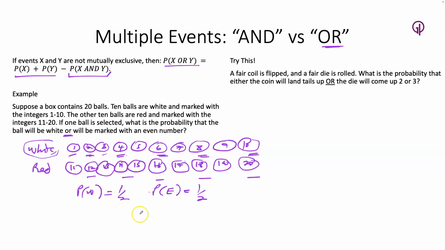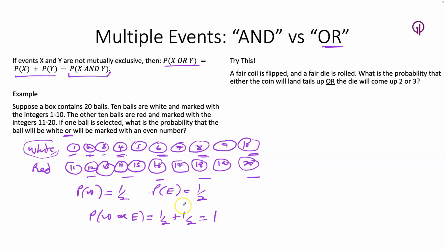So from our OR problem, we can say probability of white or even is half plus half, which is equal to 1.